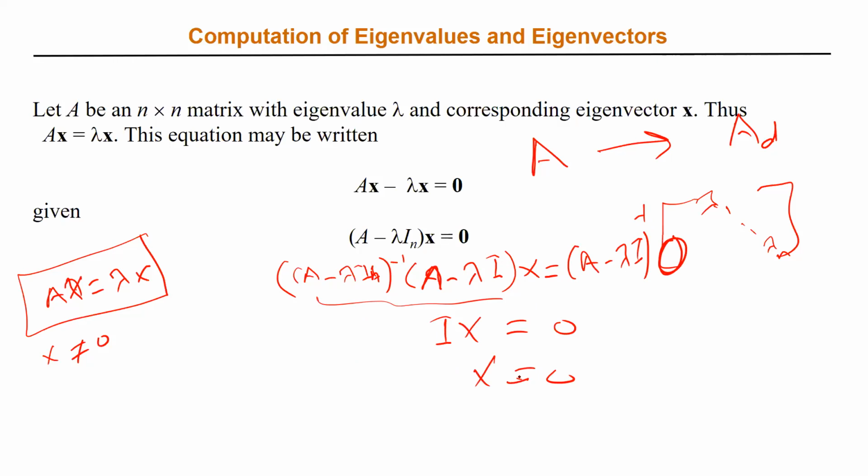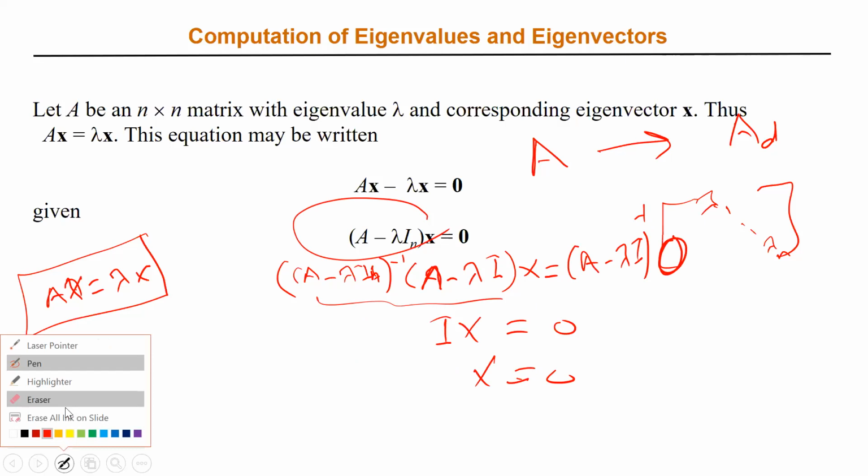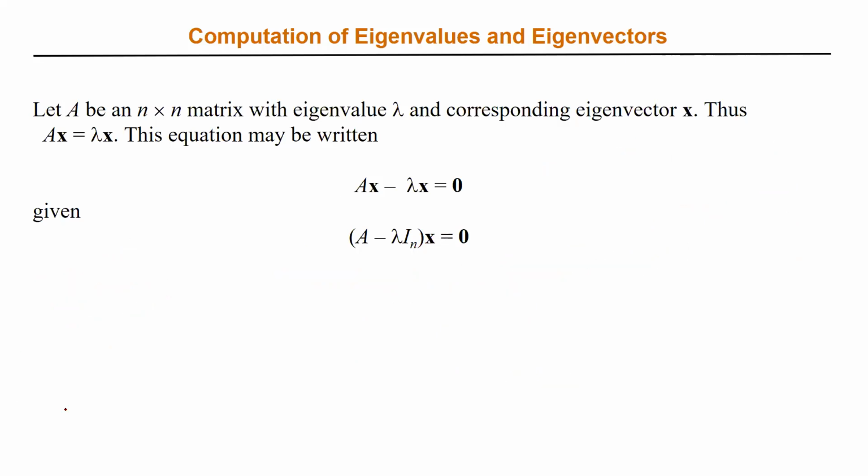So in order for me to find a non-zero eigenvector, this matrix should not be invertible. The determinant should be 0; the matrix should be singular.